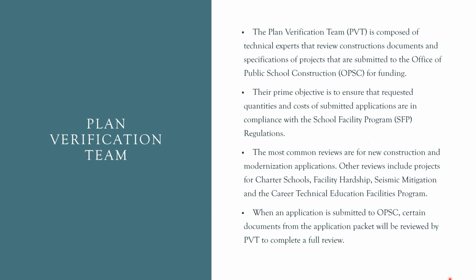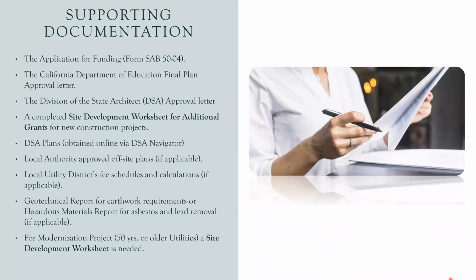When an application is submitted to OPSC, certain documents from the application packet will be reviewed by PVT. Those documents include the application for funding, which is the Form SAB 5004, the CDE final approval letter, and the DSA approval letter.